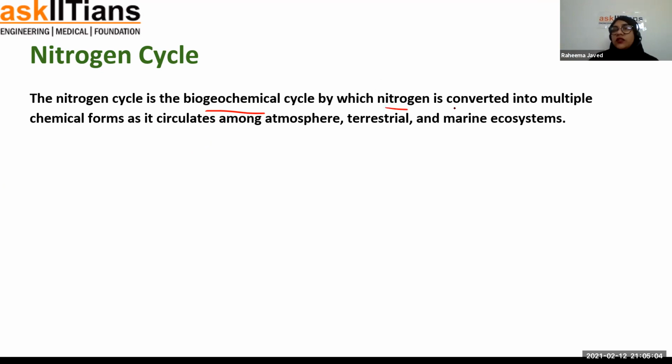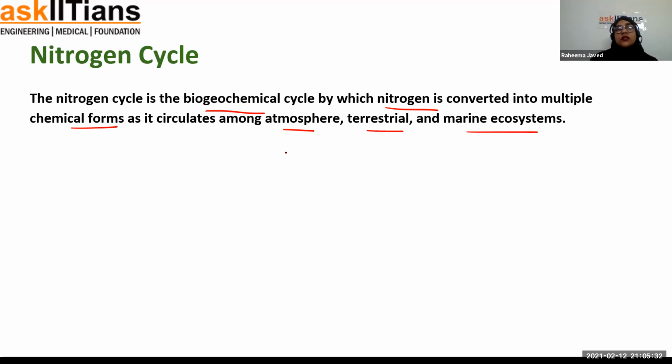Here nitrogen is converted into multiple chemical forms as it circulates among the atmosphere, terrestrial, and marine ecosystems. So we have to remember that it is not only being cycled in the terrestrial or marine ecosystem, it is also being cycled in the atmosphere. Atmosphere is also a part of this process.